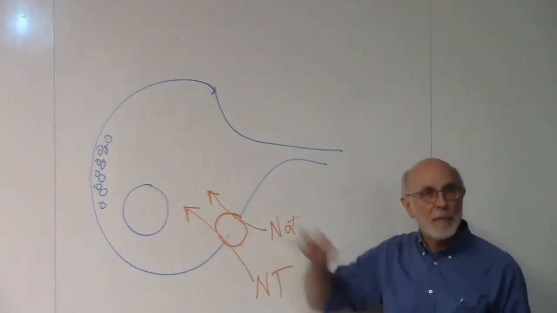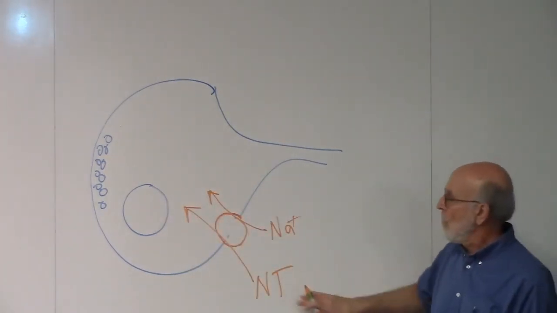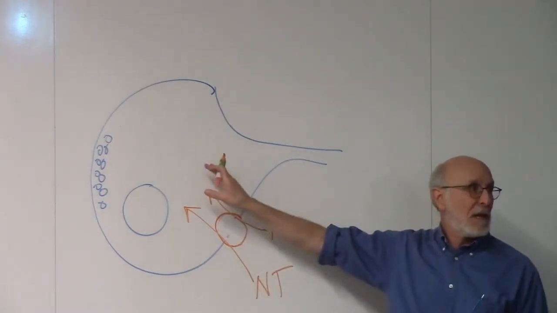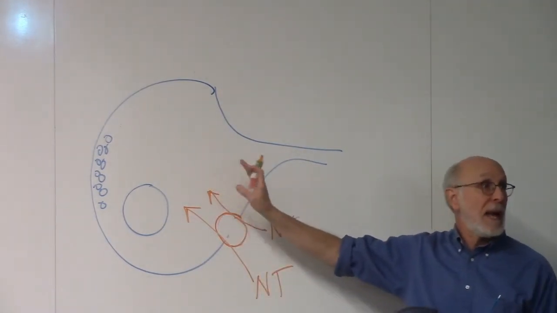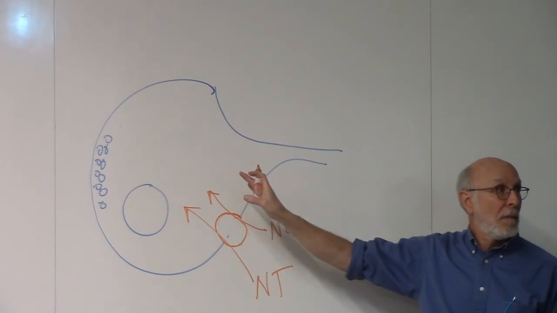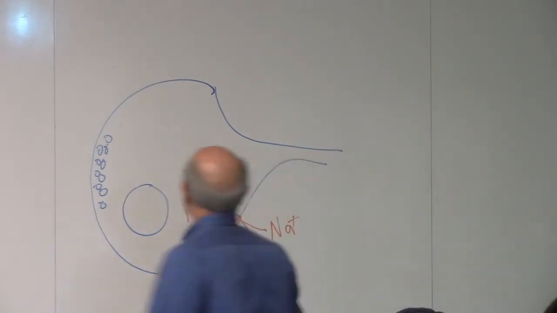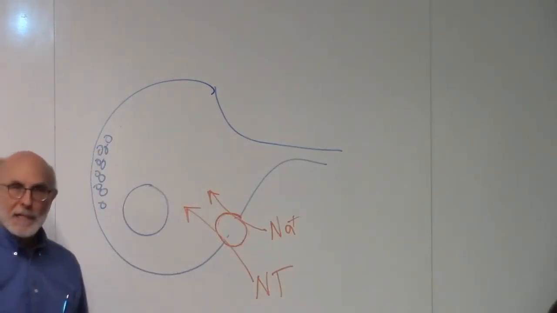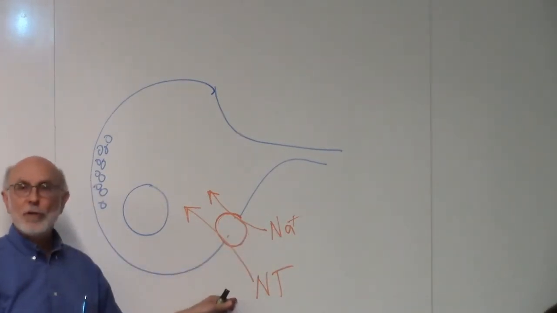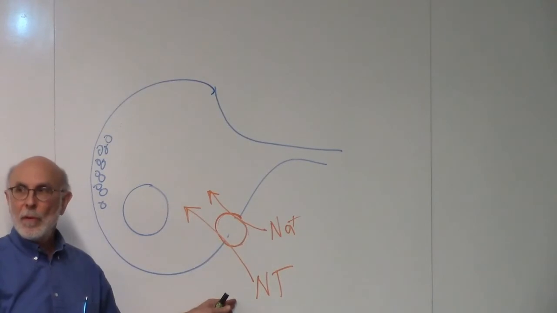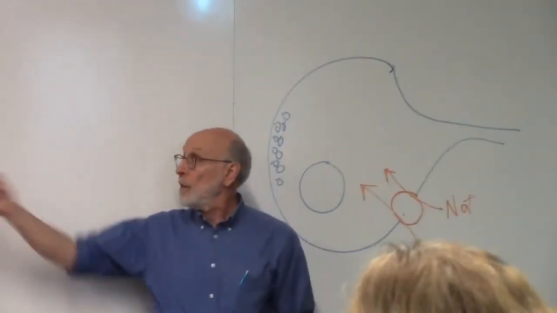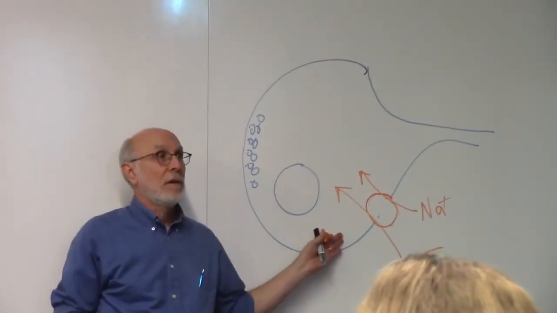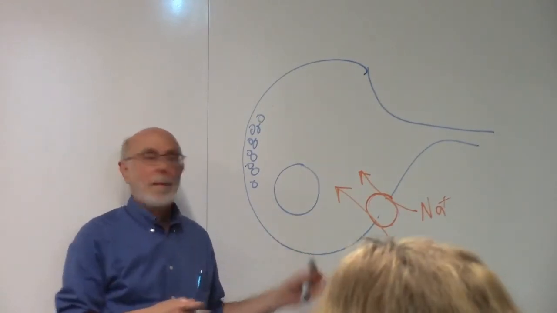We're going to talk more about this, but I'm just introducing the concept here: a sodium neurotransmitter co-transporter using the sodium gradient built by the sodium potassium ATPase that is not shown here. Just keep it simple.